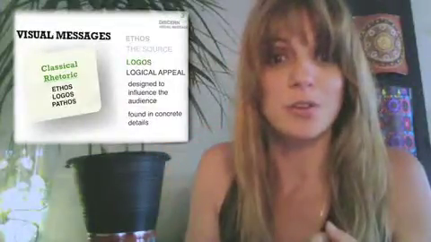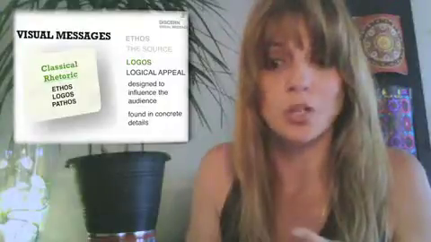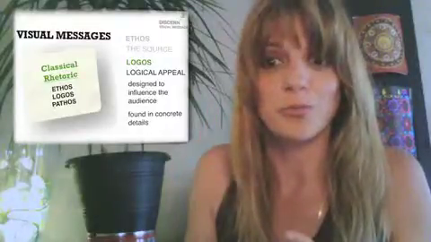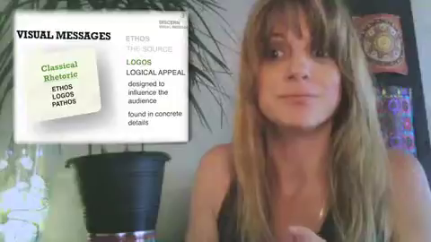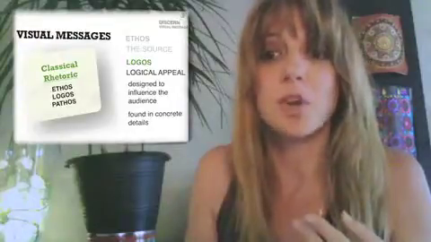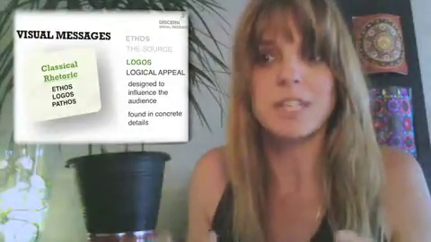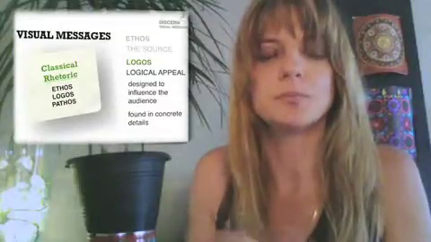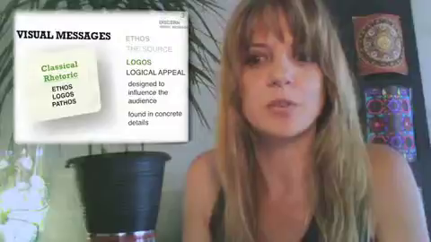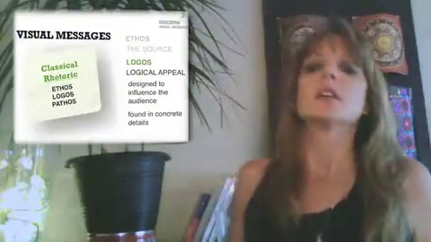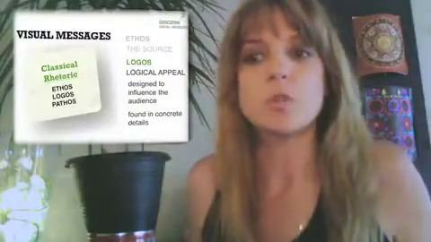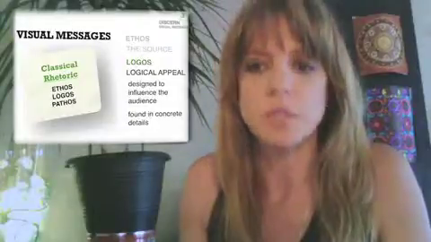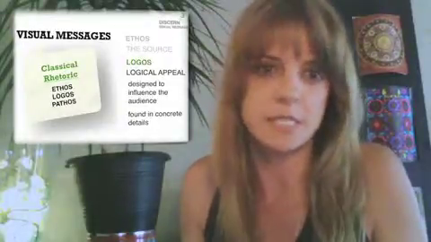These dudes have their faces covered, they're holding guns, they're all dressed in paramilitary. These types of concrete details formulate a logical structure around how we interpret it. And so you can find the logical appeal most often in the concrete details.